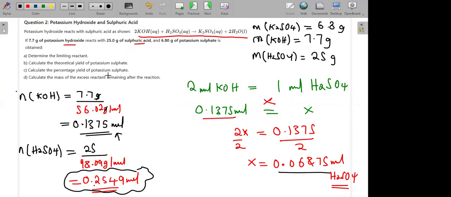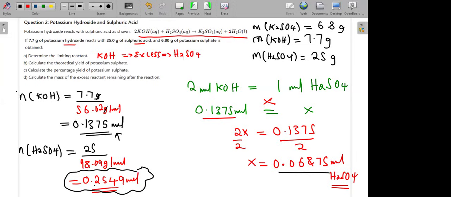So the limiting reactant there is just going to be the potassium hydroxide. Because the sulfuric acid is in excess. Okay, so we're going to say the limiting reactant is actually the potassium hydroxide there. And the one which is in excess, because sometimes they'll ask you which one is in excess, will be the sulfuric acid there.